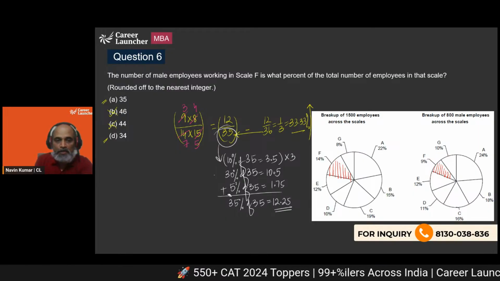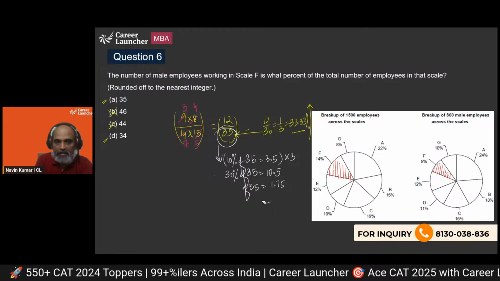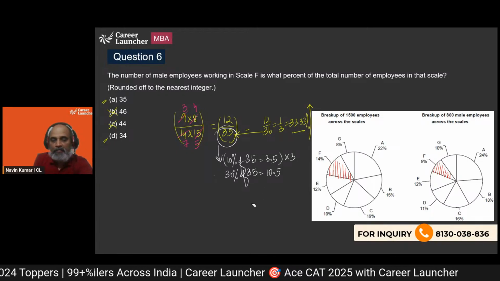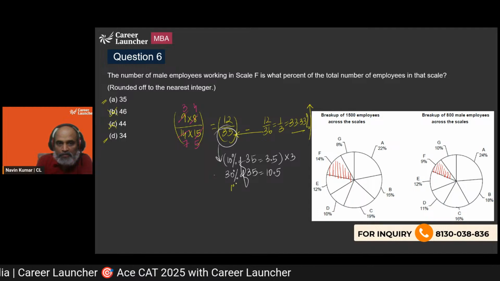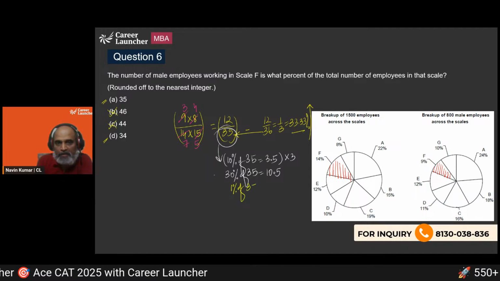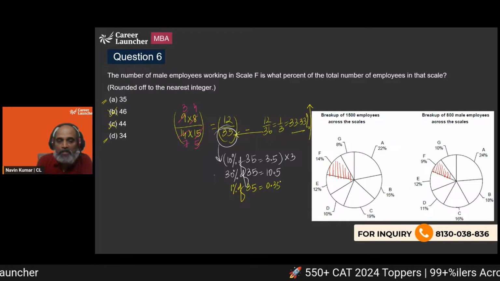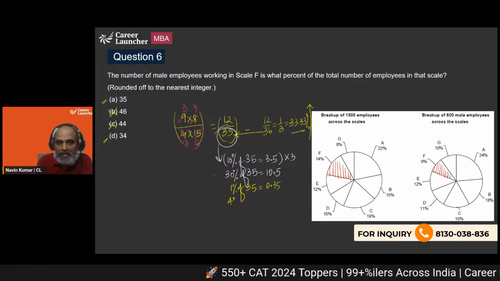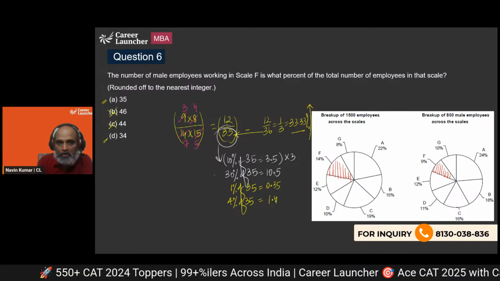So obviously we should not check 35%. So how much is going to be 1% of 35 now? Now 10% was 3.5, so 1% is 0.35. So how much will be 4% of 35? 4% of 35 is going to be 1.4.